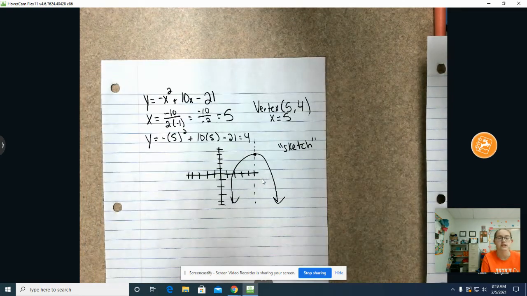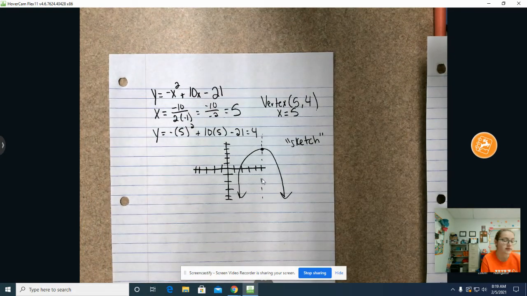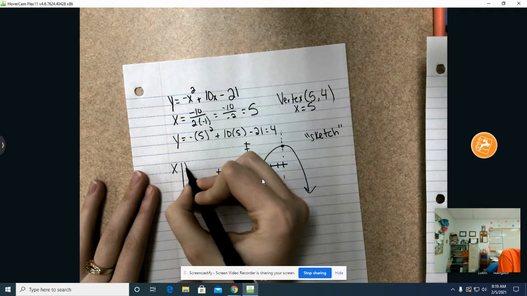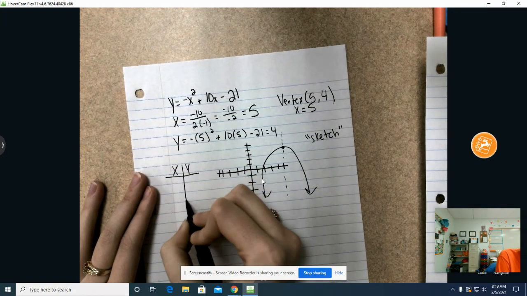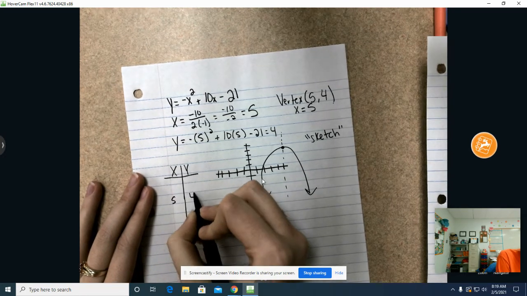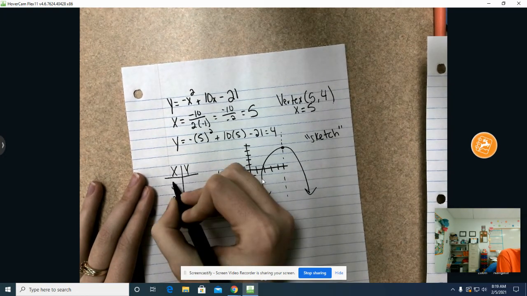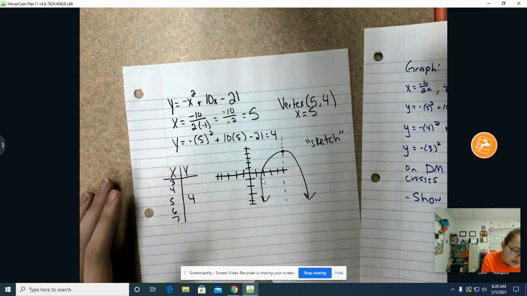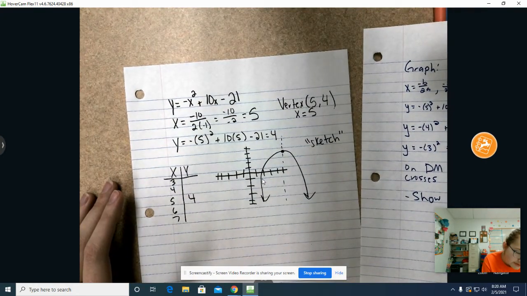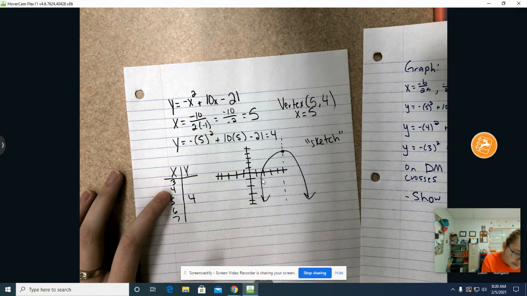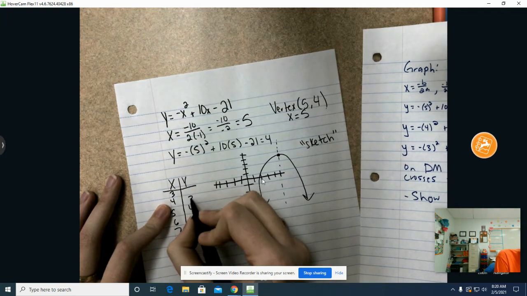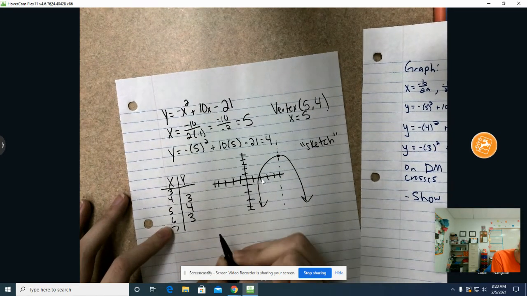But if I was asked to actually find the points, I'd make my XY table, put my vertex in the middle, and then I would do 4, 6, 3, and 7 to start. And let's see, I did some of this on my paper in my notes. So if I did 4, I got 3. So 4 is 3, 6 is 3.